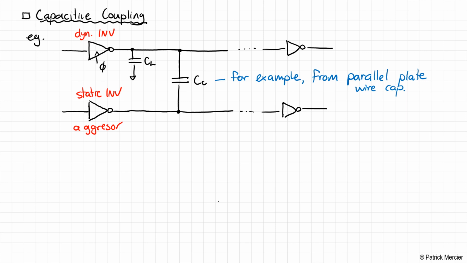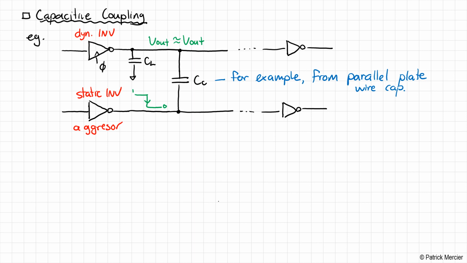Okay, so in this scenario, let's imagine that V out is nominally being held at VDD dynamically. And then let's imagine that this aggressor was at VDD and all of a sudden it switches down to logic 0. So it was at logic 1 and now it's at logic 0. So let's go ahead and draw a circuit model that describes this scenario.